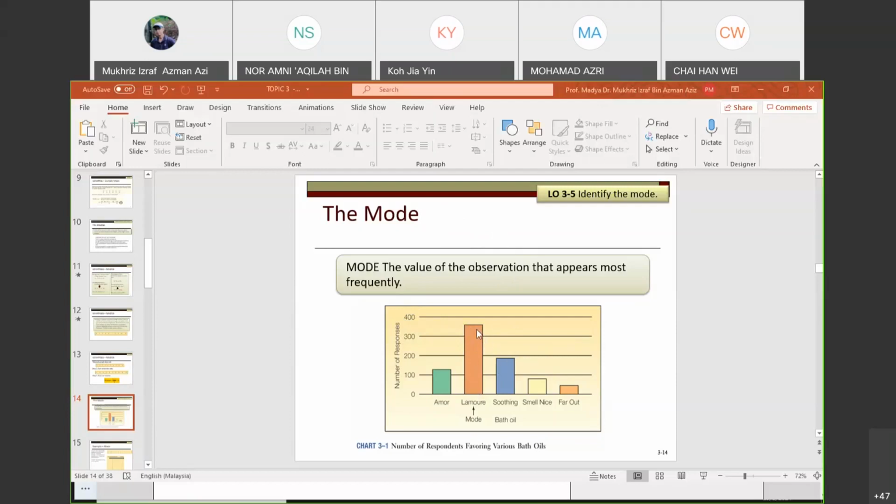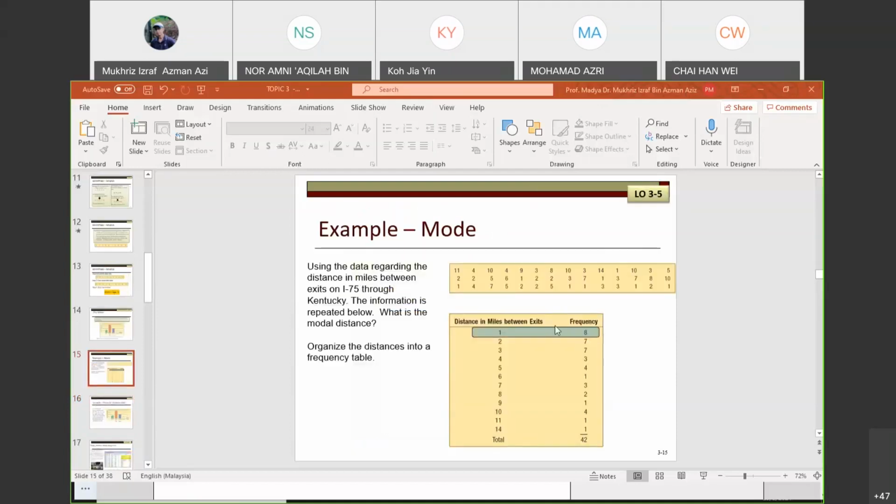Here is a simple example of a histogram. The y-axis is the frequency, the number of responses. The highest will be the mode. Of course, for what you did last week in this small assignment, you can do that directly using Excel, and Excel also has the function.